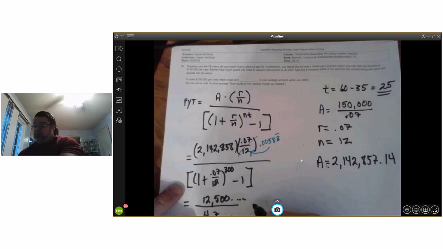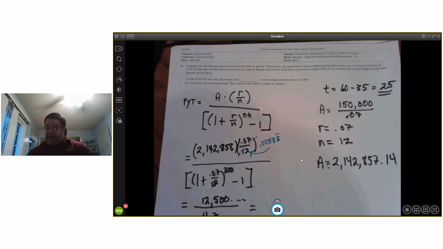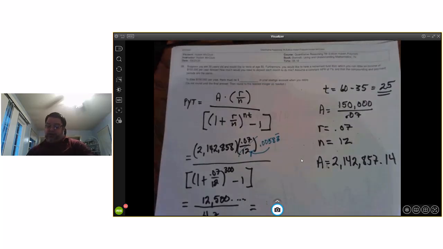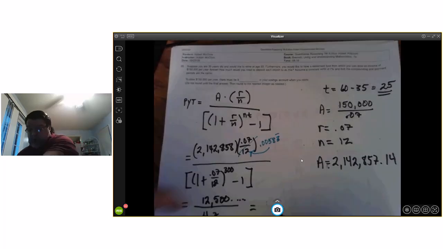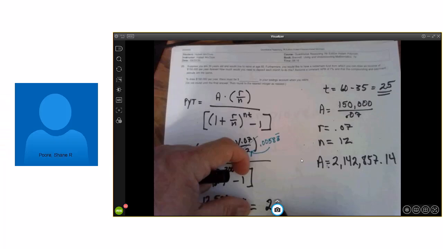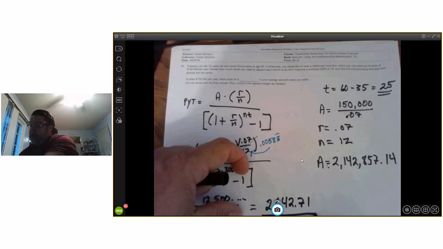So if you take 12.5 and divide by that, I'm going to give you the rounded, okay? 12.5 divided by 4.73, I got $2,642.71. Is that what y'all got? Yes. Close enough. It's just going to vary depending on your rounding.